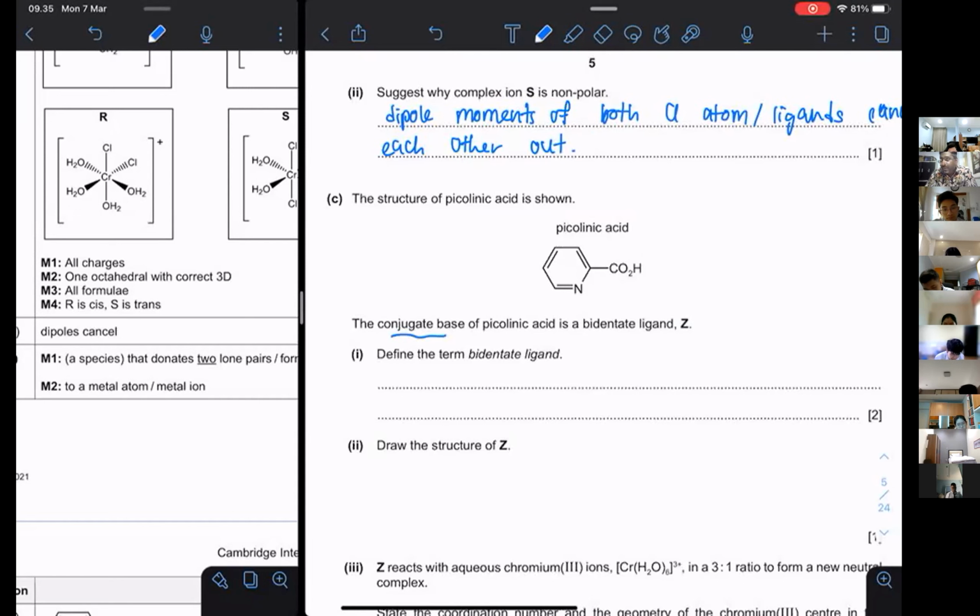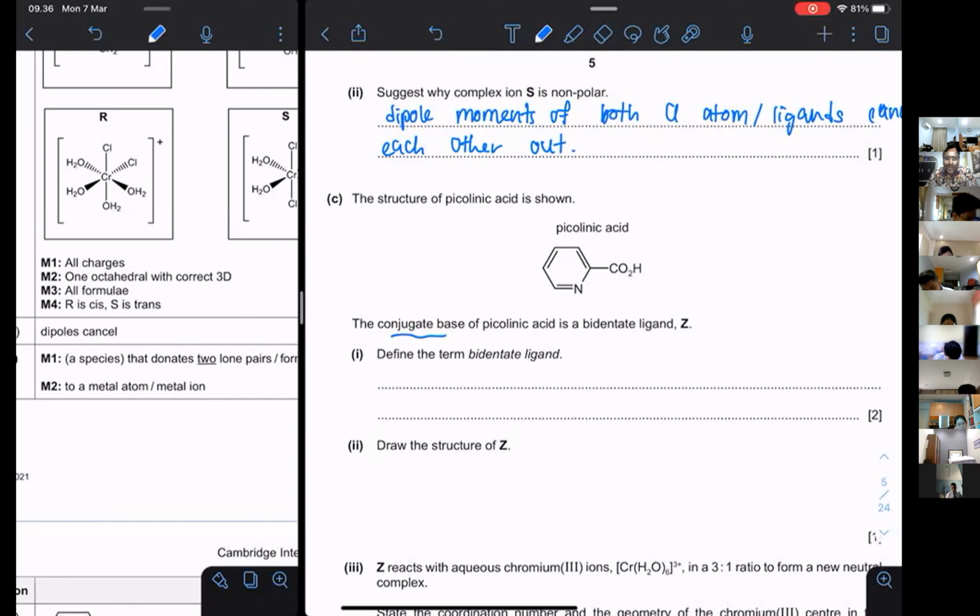I think this is very popular already. By now you should know. They ask you to define. In the previous two papers, they asked you to define what a monodentate ligand is, and I think one of them did ask you to define bidentate ligand also.